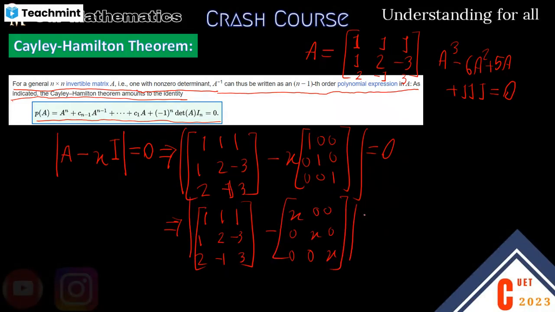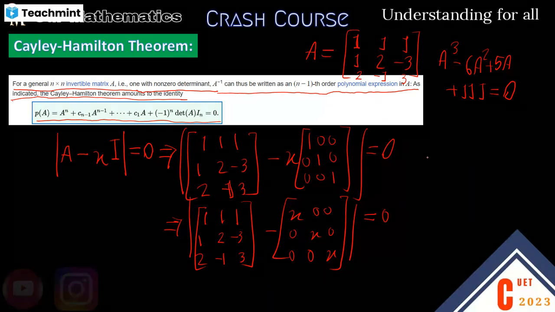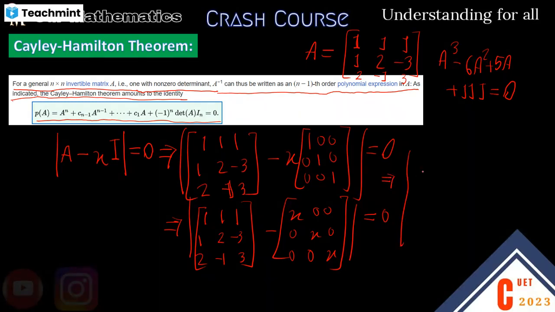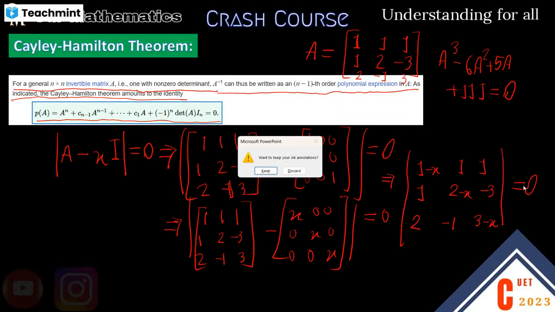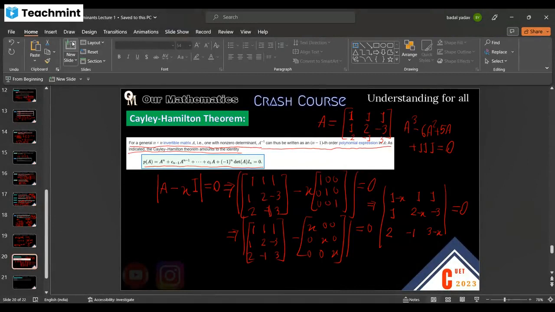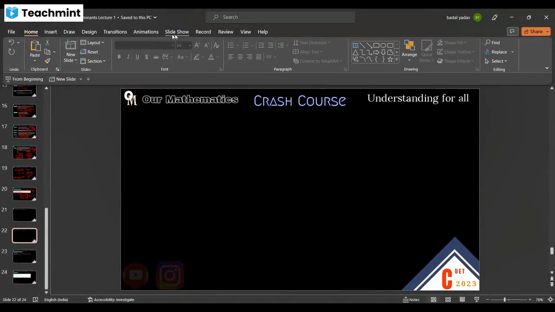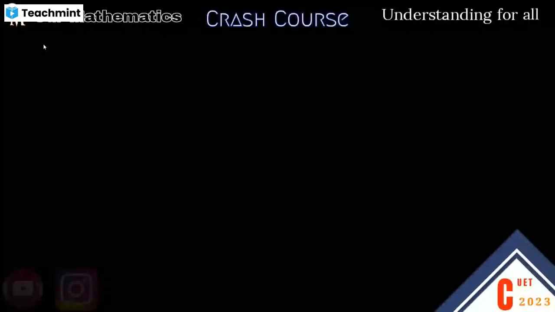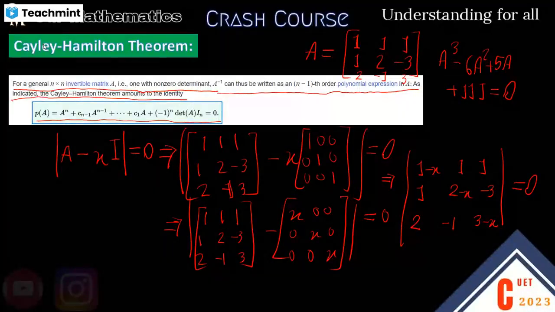Okay, this implies we take the determinant of basically 1 minus x, 1, 1, 1, 2 minus x, minus 3, 2, minus 1, 3 minus x is equal to 0. Okay, then we will calculate the determinant.